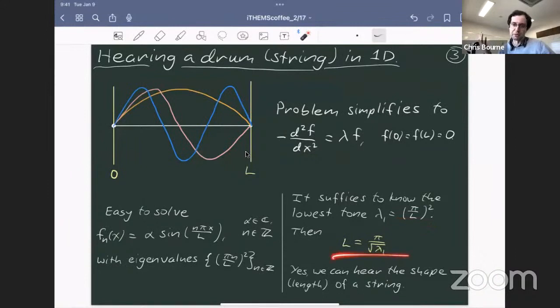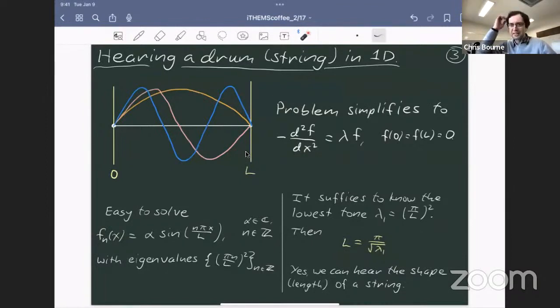So we can just simply rearrange and get the length. So yeah, of course, we can hear the shape of a string, but that's not very illuminating, right? That's the reason that guitars work. And as you move up a fretboard, you expect the sound to change, and this is just a mathematical confirmation of this very obvious statement.